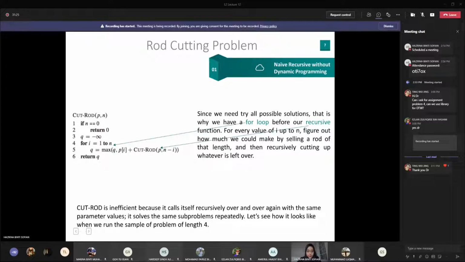Alright. So cut rod is inefficient. Okay, because it calls itself recursively over and over again with the same parameter value. It resolves the same subproblem repeatedly. Okay, so let us see which part we solve multiple times.